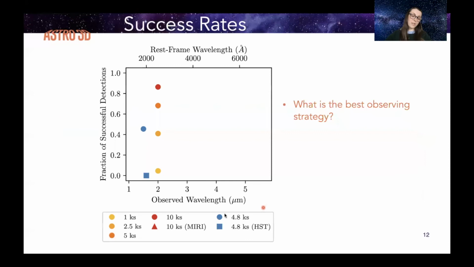Now, if we look again at the fraction of successful detections as a function of wavelength, considering the F200W band here, you can see that for 1, 2.5, 5, and 10 kiloseconds, we get increasingly better success fractions. In terms of the best observing strategy, it really looks like we need more than 5 kilosecond exposures to guarantee a really large fraction of successful detections, so more than 50%.